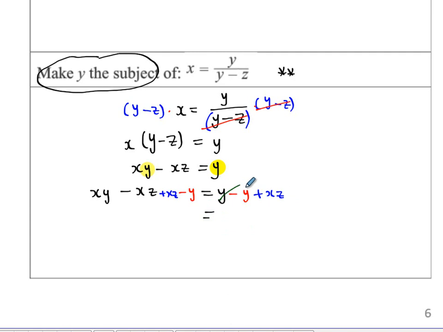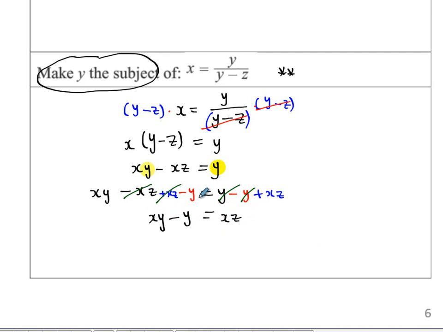y take away y cancels off. xz minus xz cancels off. So let's write down what we get. So we have xy minus y on the left, and on the right we have xz.